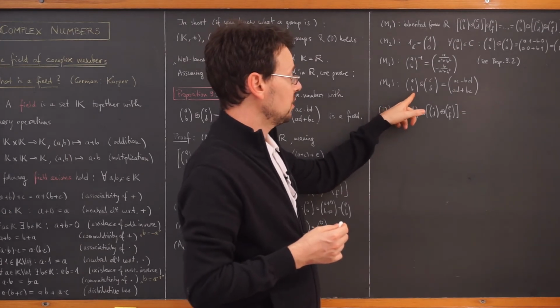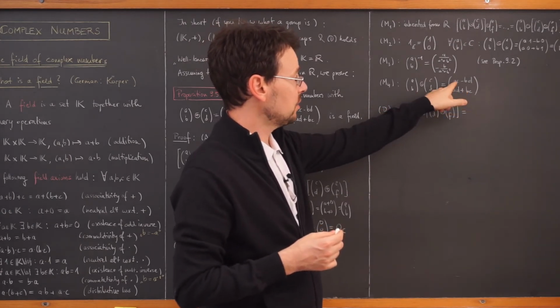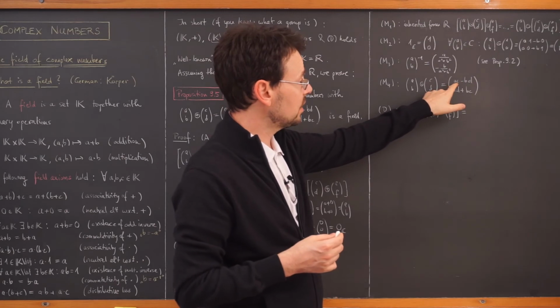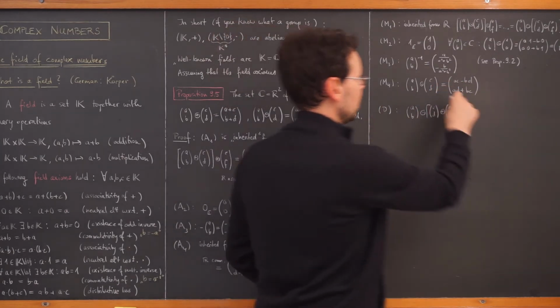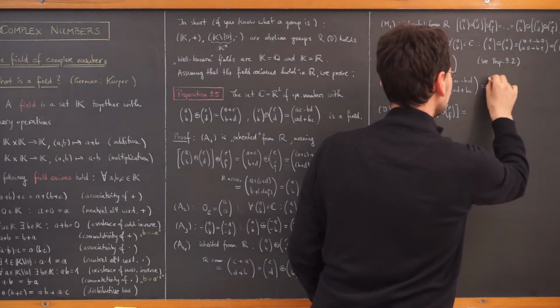Now for commutativity, we write down the definition. And now, because again in the real numbers we have commutativity of the product, we can interchange the order.